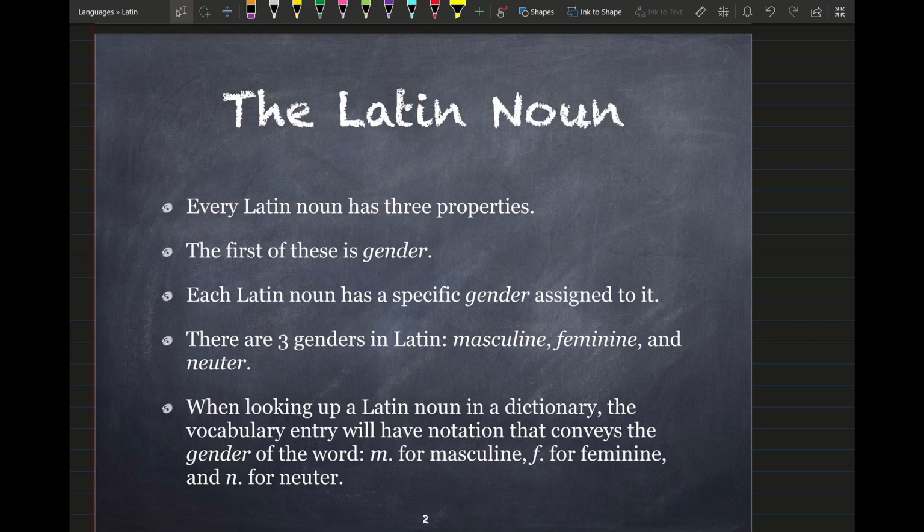Whenever you look up a Latin noun in a dictionary, the vocabulary entry that you will encounter will have the notation that conveys the gender of each noun. It'll have an M out to the side if it's masculine, an F if it is feminine, and an N if it is neuter.